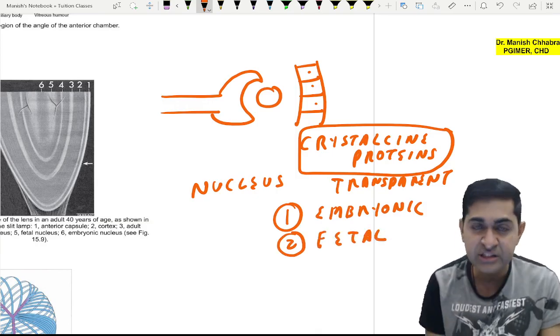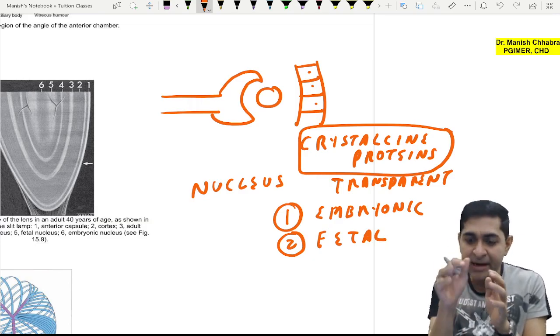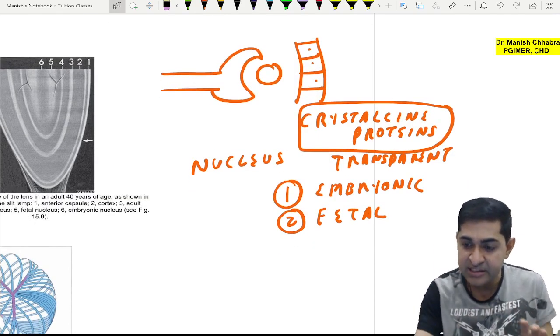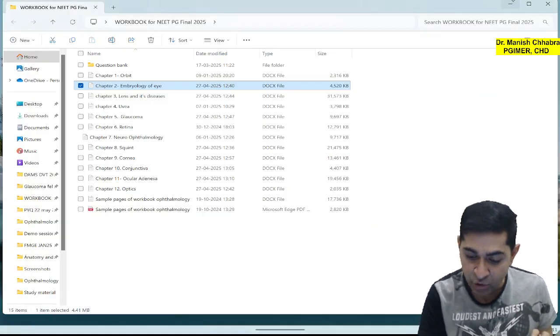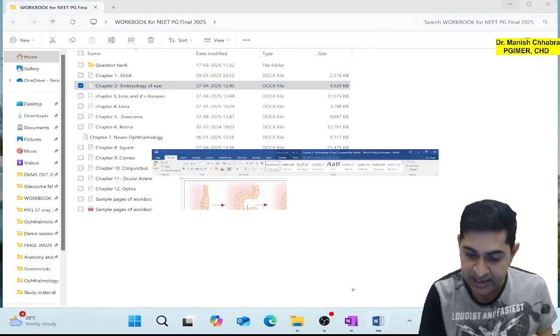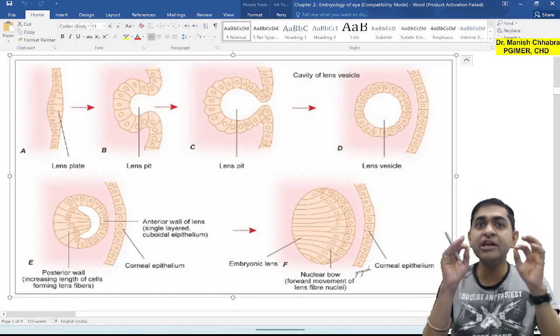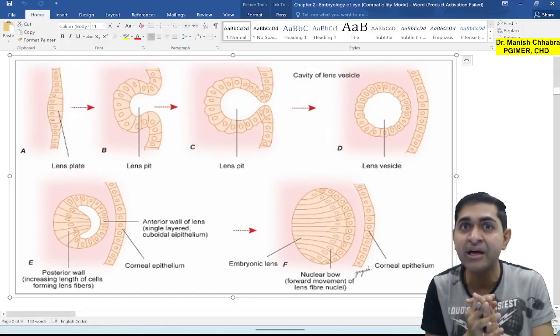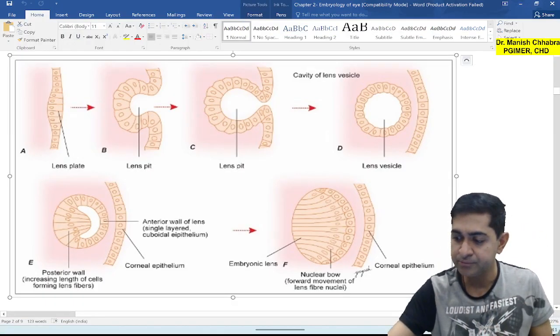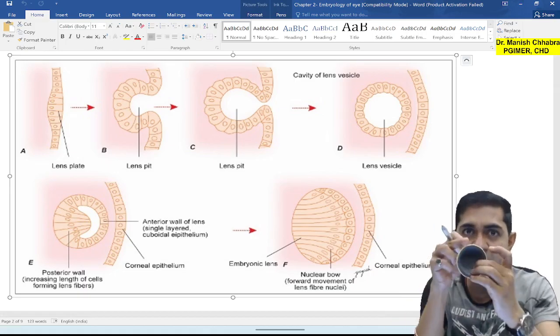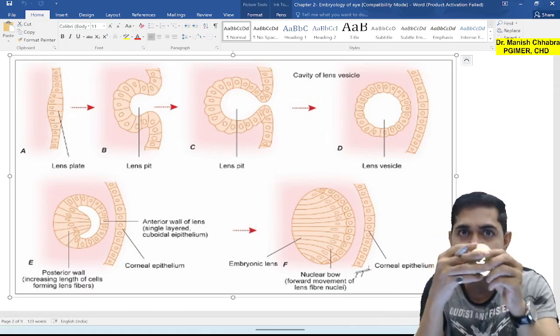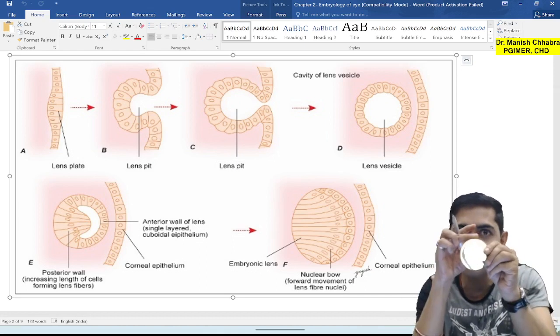The cells present at the equator remain active throughout life. This is the equator of the lens. This is the anterior surface, this is the posterior, this is the equator.